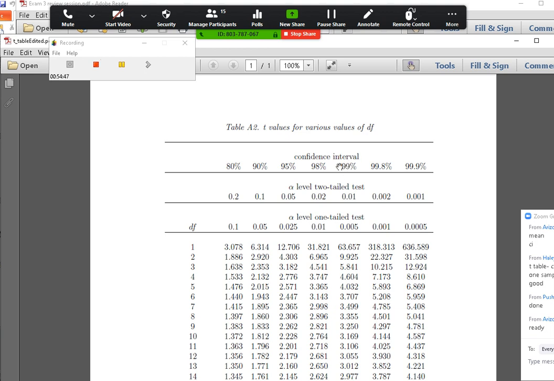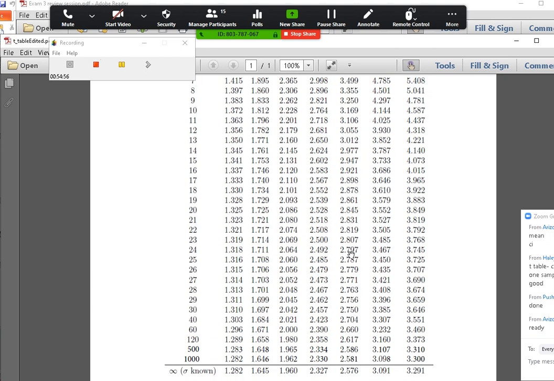And degrees of freedom, 34. So I slide down, and I don't have 34. I have 30 and I have 40. So I have to round down to 30, as we were talking about earlier with somebody else, and I get 2.750. That's my critical value.